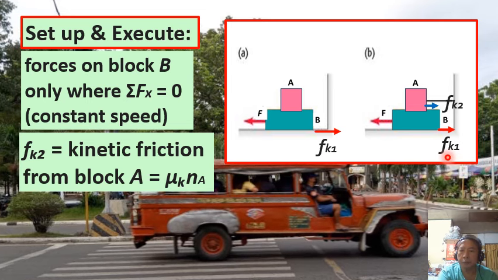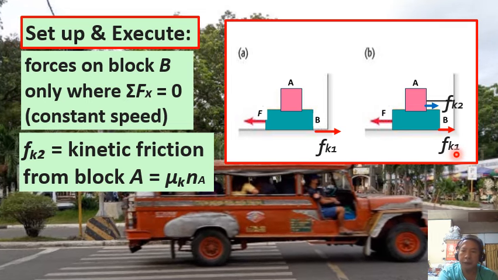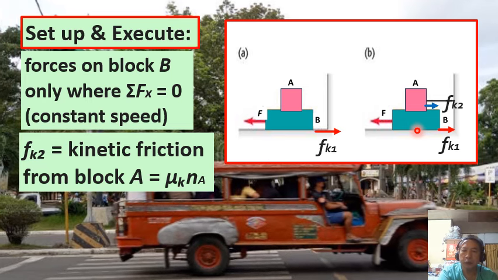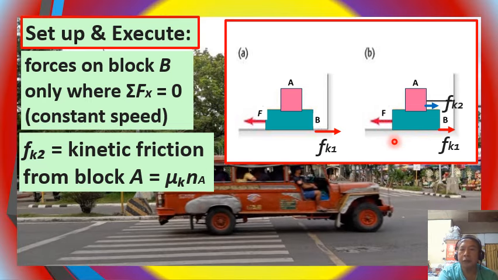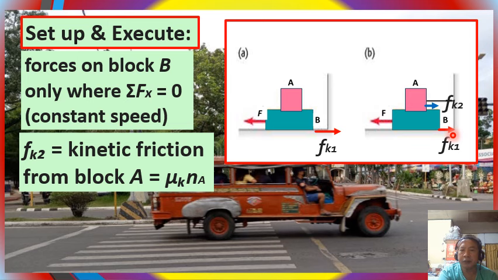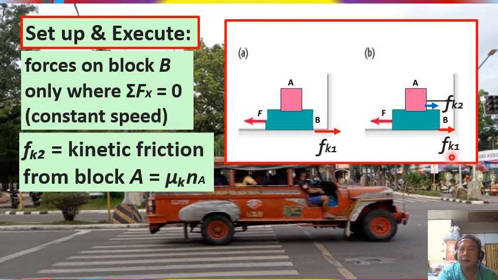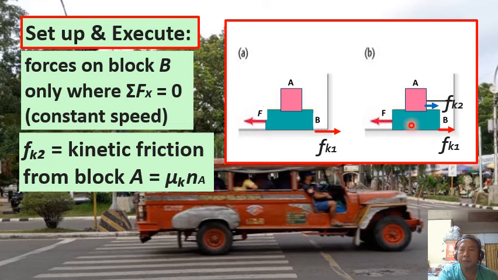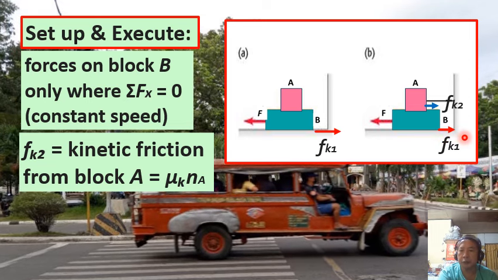So F sub K1 is the kinetic friction between block B and the horizontal surface. The direction of that kinetic friction is of course opposite to the force capital F, which is directed to the left.